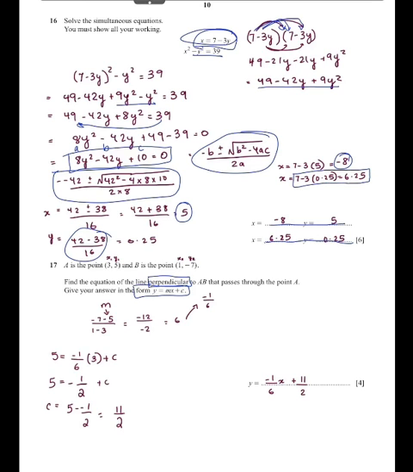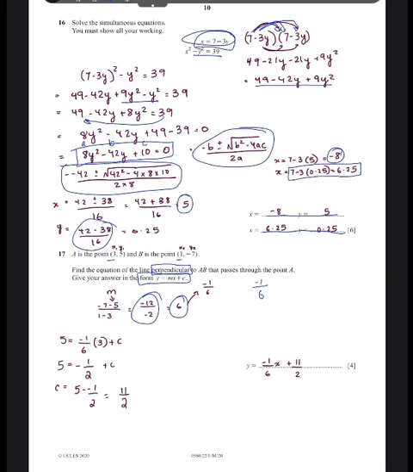So now first you have to find the gradient. For the gradient it is y2 minus y1 divided by x2 minus x1. So we have minus 7 minus 5 and 1 minus 3. You get minus 12 divided by minus 2, and it is equal to 6. Now since it's 6 and we're asking for perpendicular, we make it negative, and then we make it in the form of 1 by 6 in a fraction form. And then we can take any of the values of x, y.